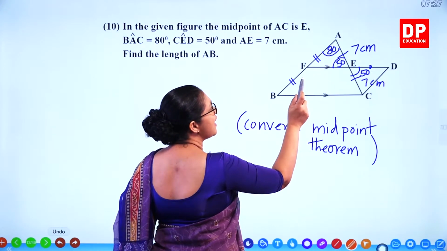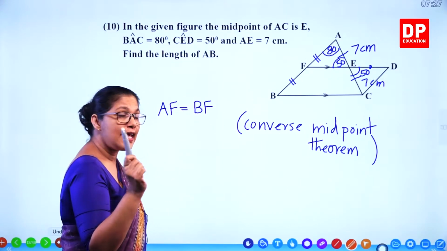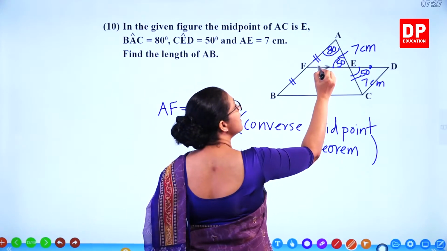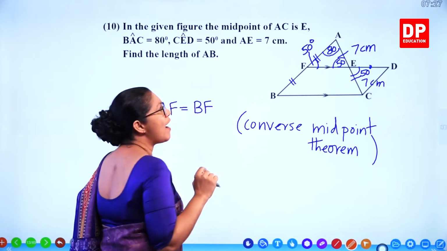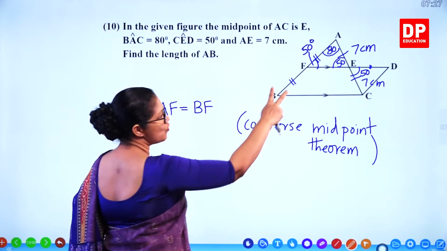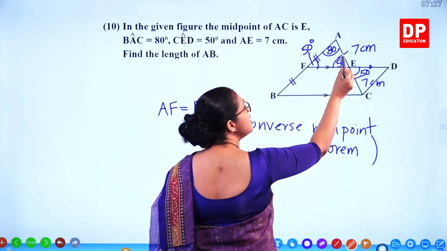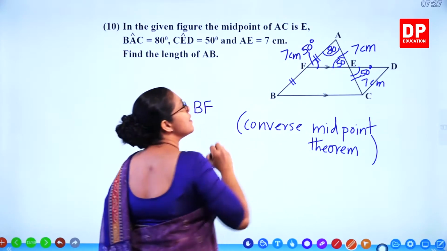Now look at this angle, 80 and 50, that's 130. 180 minus 130, this is 50. What can you say about this? Triangle AEF is an isosceles triangle. These two angles are equal. So that means if this is 7, this side is also 7 centimeters.